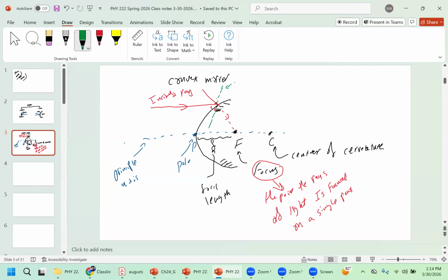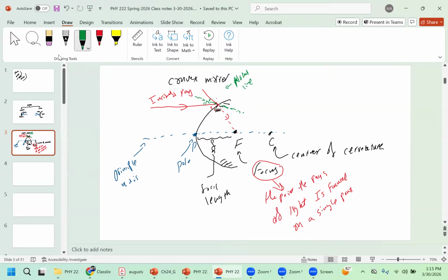That's your normal line. Principal axis. Actually, I'm doing it backwards. That's better. Where both angles are going in, and that goes through the focus, which is the point where the rays of light are focused at a single point. Everybody with me so far?